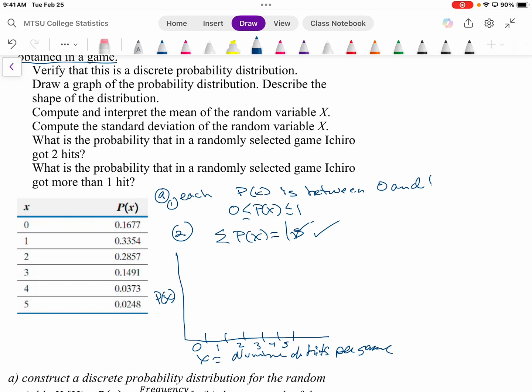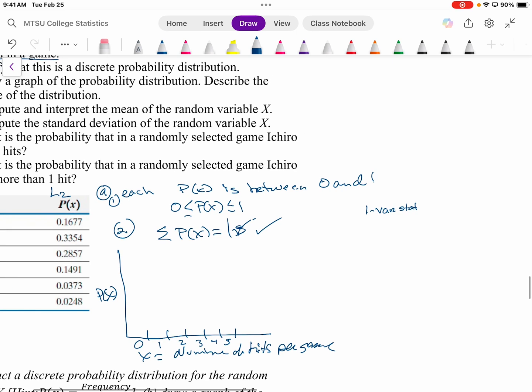Compute and interpret the standard deviation of the mean. So now I'm going to put those things in for L1 and L2 and do a 1 var stat. In my list, that is L1, those are my X values, and then for the frequency, we're doing L2. Again, that's my P of X's. So let's get those in there.